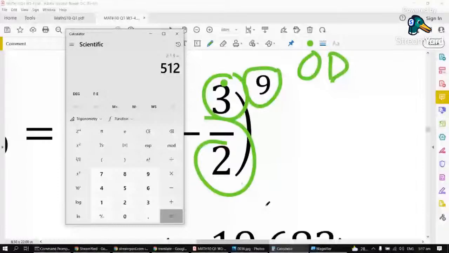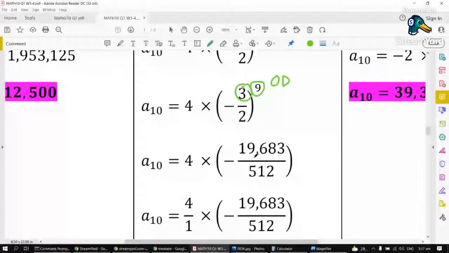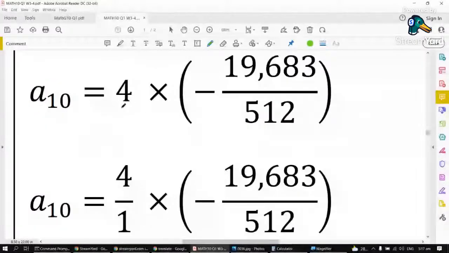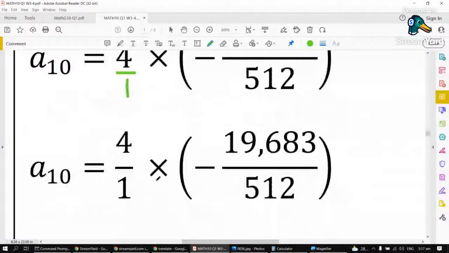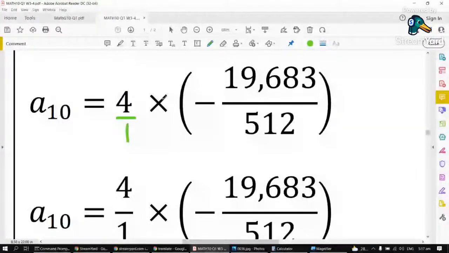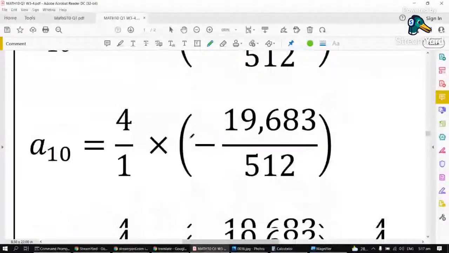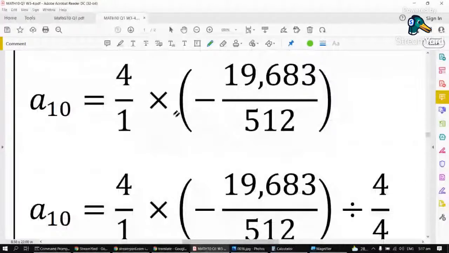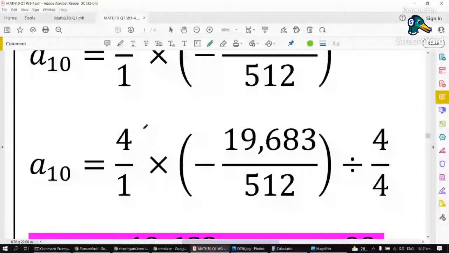Okay? So, the 4, I made it over 1, because the 4 is multiplied by the fraction. So, there is the 4 and the 512, we can simplify. The GCF of these two, the biggest number that can divide 4 and 512, is 4. So, 4 divided by 4 is 1.